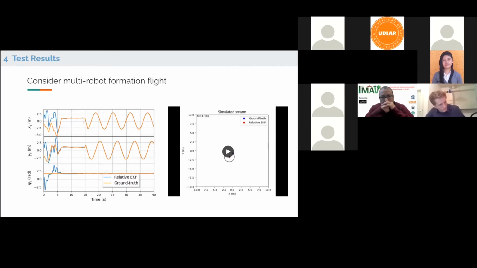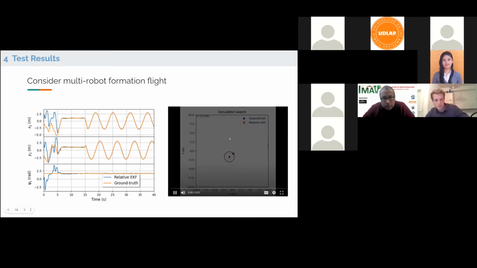And then we can see this nonlinear model predictive controller can maximize the observability, and at the same time it can also do the desired formation flight.